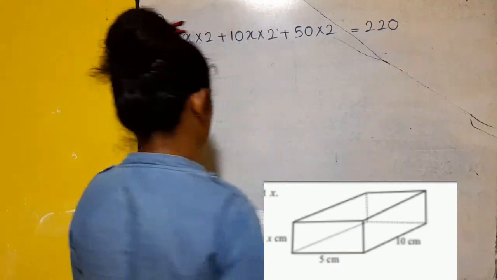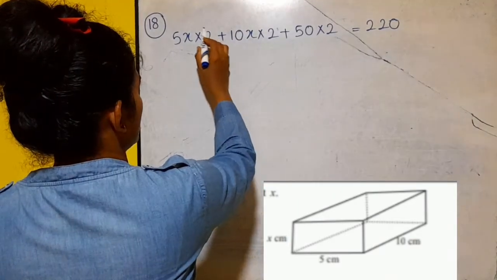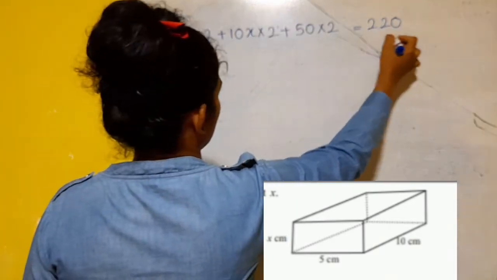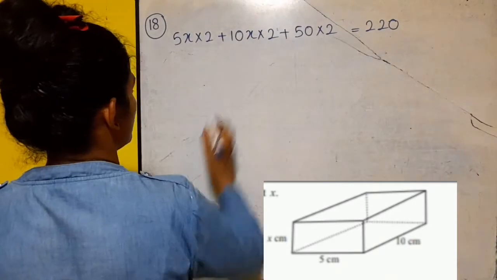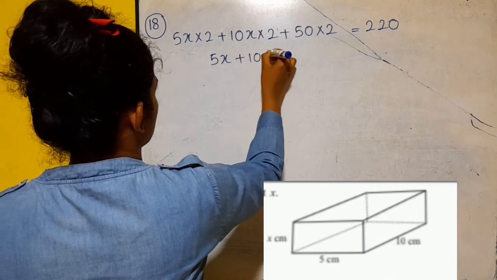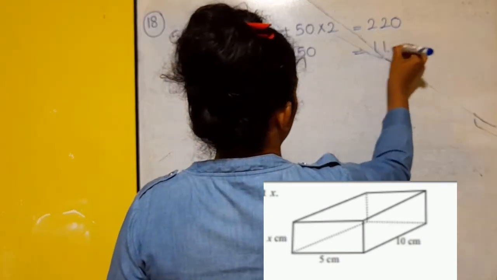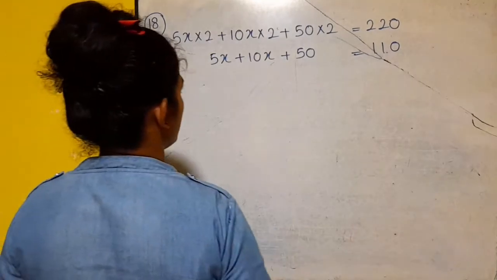220 square centimeters. Now you can easily simplify by taking 2 out and dividing 220 by 2. That will be 5x plus 10x plus 50 equal to 110. Now we will simplify this.